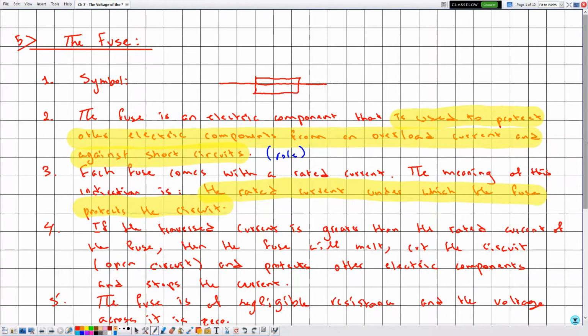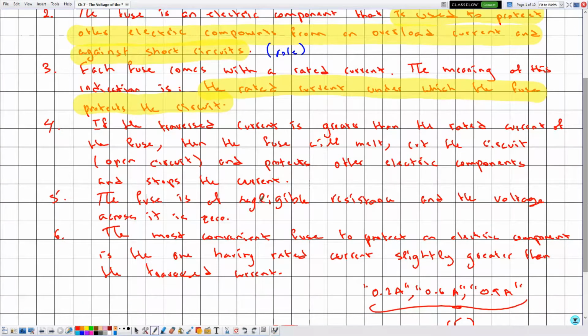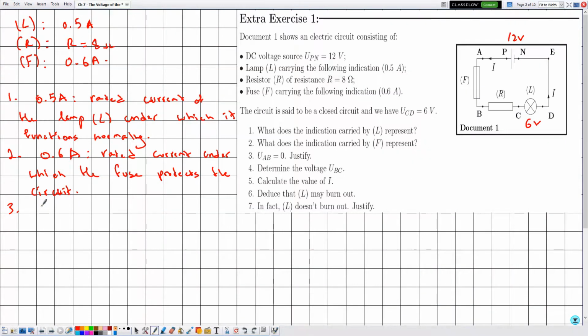Okay, so idea number 5 is that the fuse is of negligible resistance, which means the voltage across it is 0. So in this case UAB is equal to 0.